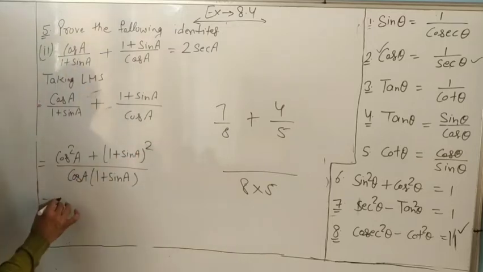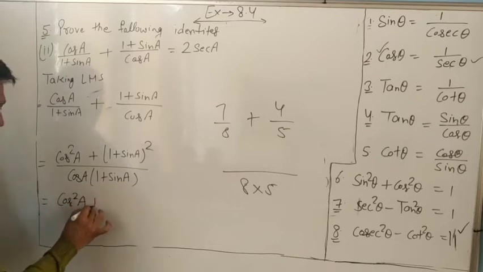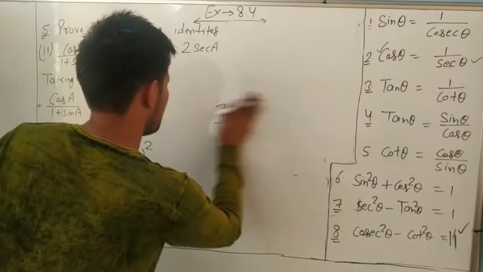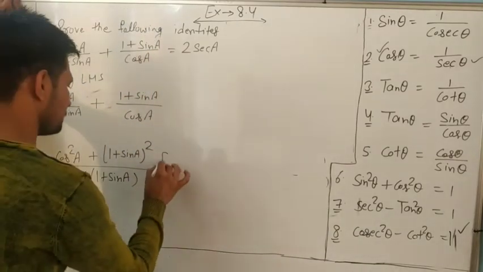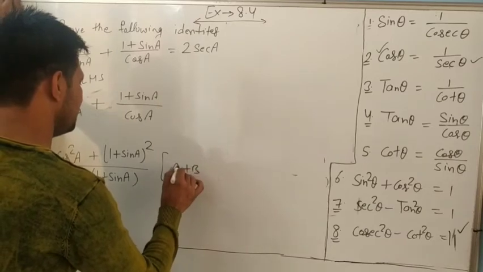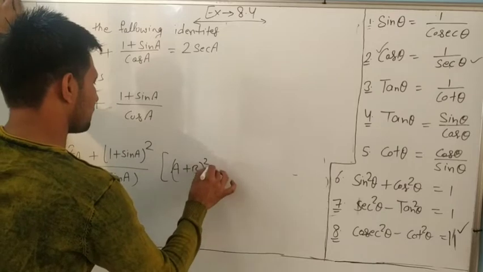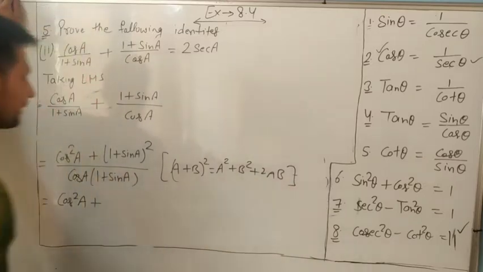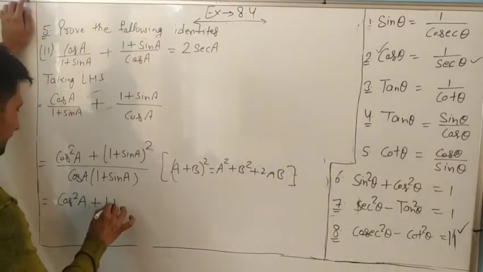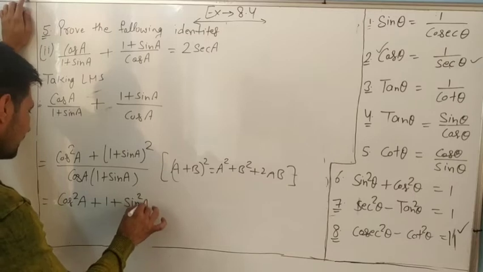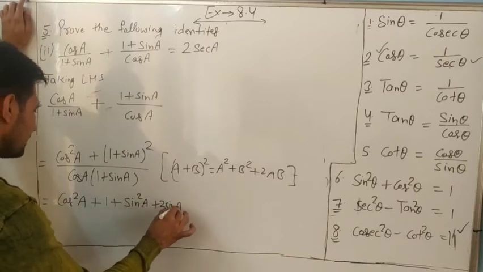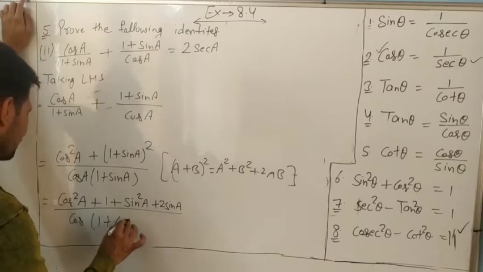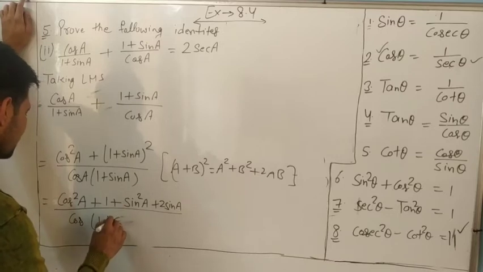Now we will open it: cos square A plus the A plus B whole square formula, A square plus B square plus 2AB. So 1 plus sin square A plus 2 sin A, upon cos A into 1 plus sin A.